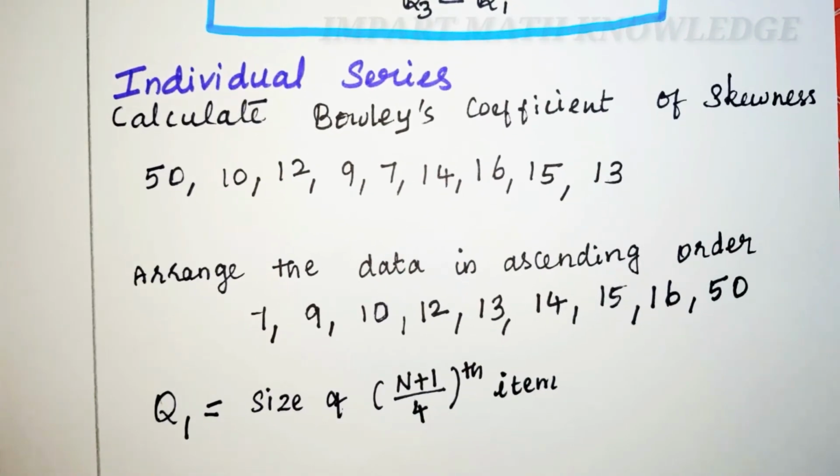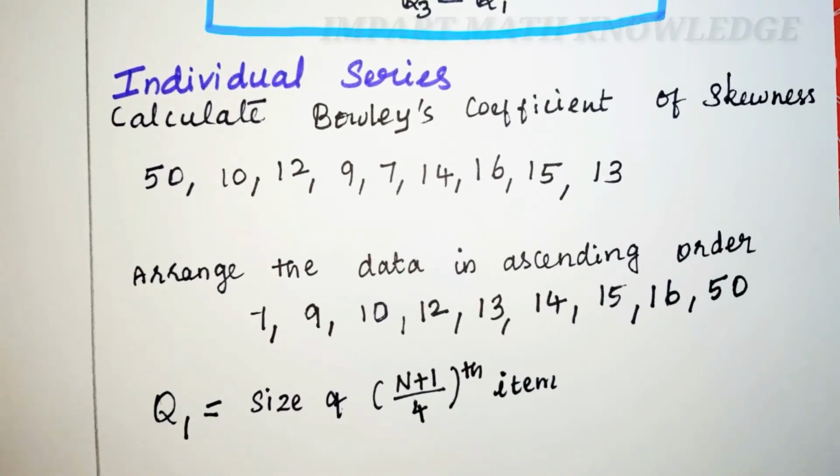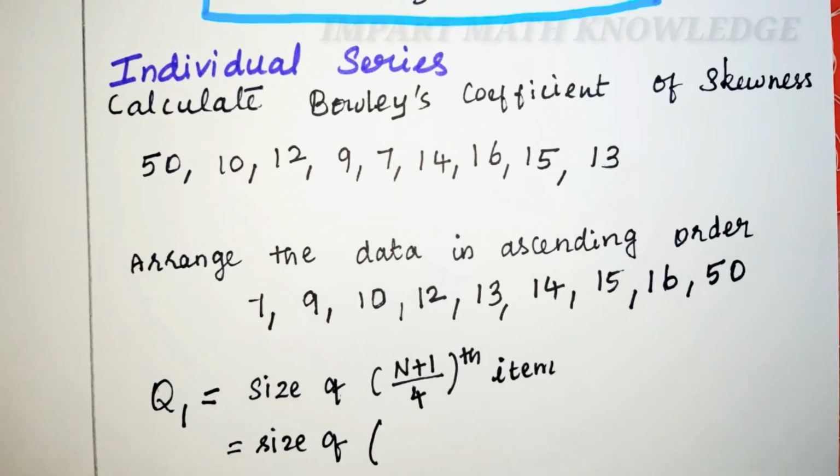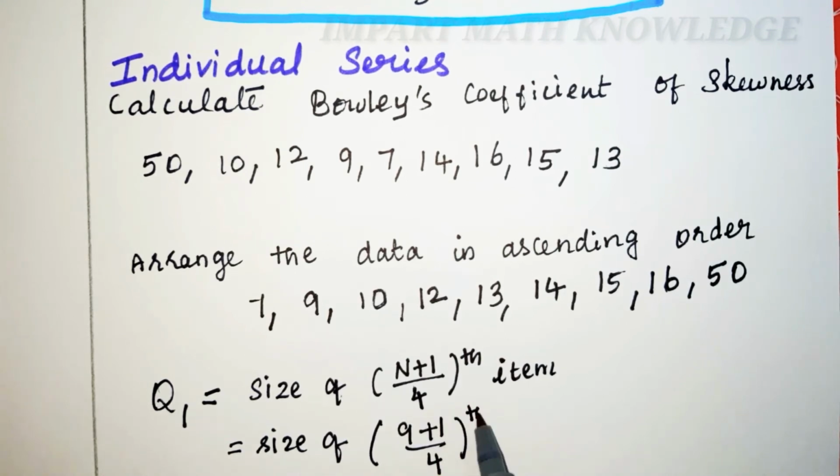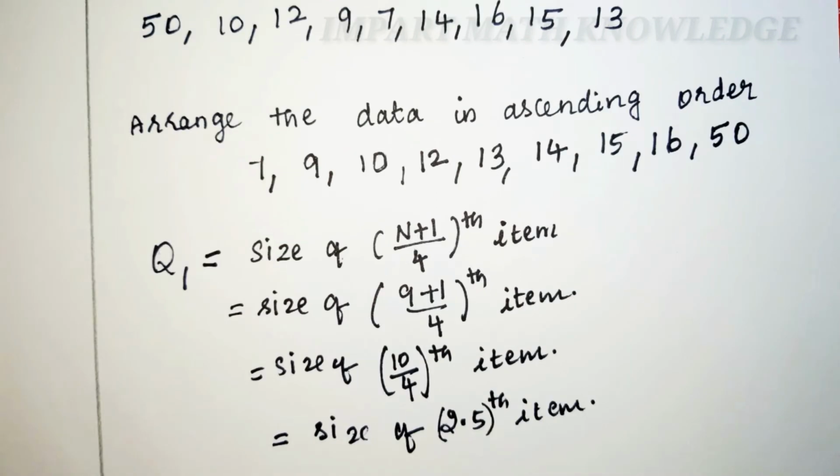Lower quartile Q1 is equal to size of n plus 1 by 4th item. Here n is the number of items, so n is equal to 9. Size of 9 plus 1 by 4th item is size of 10 by 4th item, which is size of 2.5th item. This is nothing but the average of the second and third item.